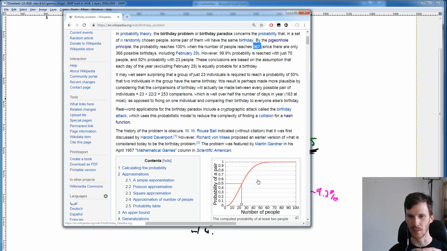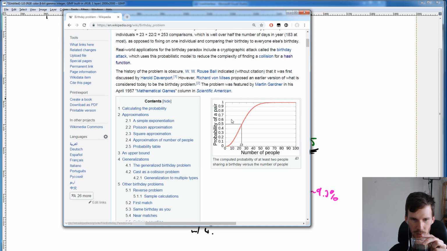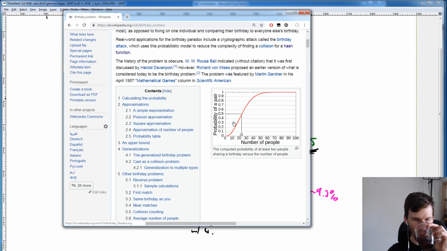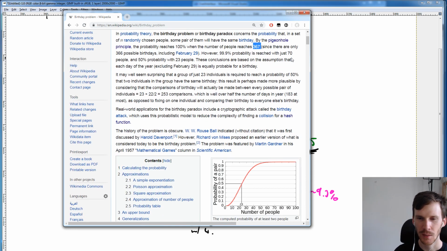But all the way down here, with like 40 people, you're almost certainly going to collide because you're up above 90%. I guess they call it a paradox because it seems incorrect. It's like you've got a whole year, you only got 40 people. How can you possibly have a 90% chance of colliding?